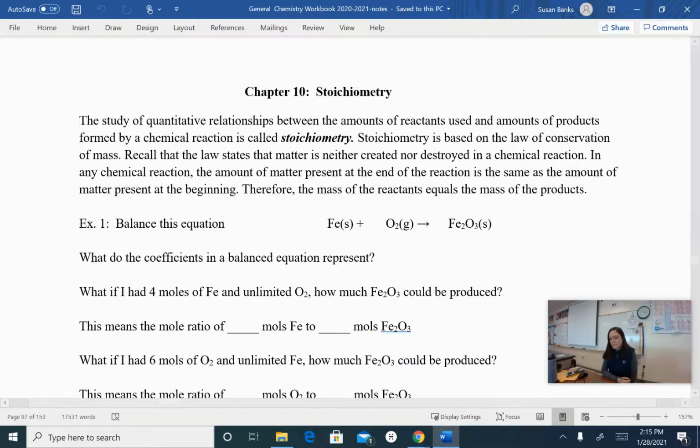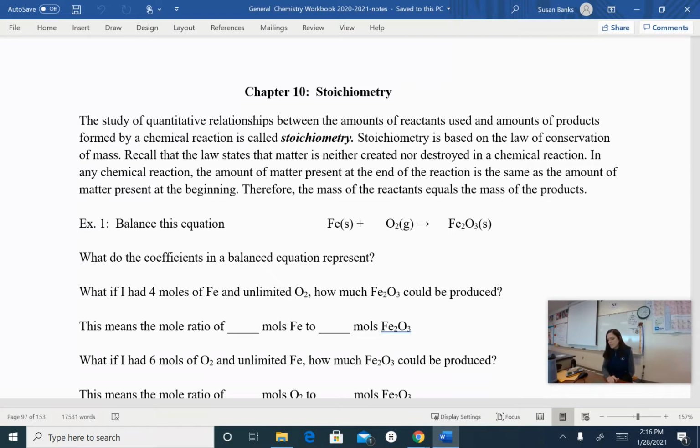All right, Gen Chem kids, we are going to learn how to do stoichiometry today. Now, stoichiometry, it's a word that sounds really scary and kind of awful, but it really is a Greek/German, really old Greek, and brought into German about 200 years ago. It's the study of the quantitative relationship between products formed in a chemical reaction.